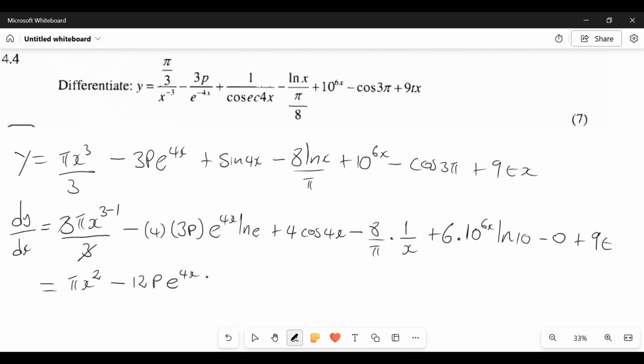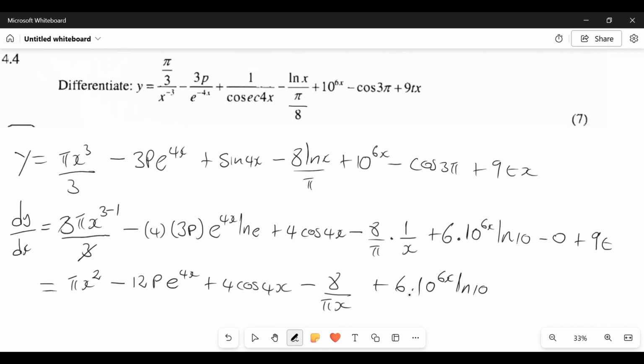And then we continue. We write the third term, which is fine like that. We don't do anything. 4 cos 4x, right? And then we do the fourth term where we can multiply 8 with 1. That is going to be 1 on the numerator. And then we multiply pi with x on the denominator. We're going to have pi x. Right. And then we do this one here. We're going to have 6 multiplied by 10 to the power of 6x ln 10.